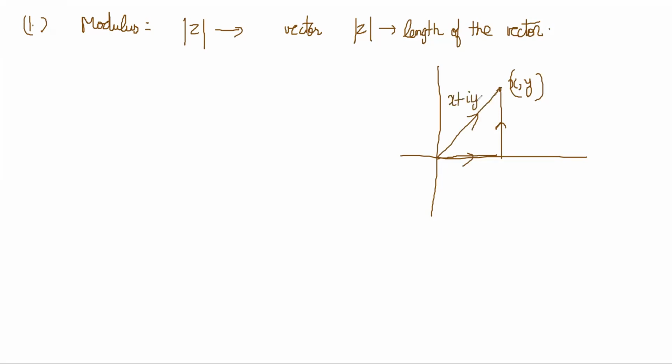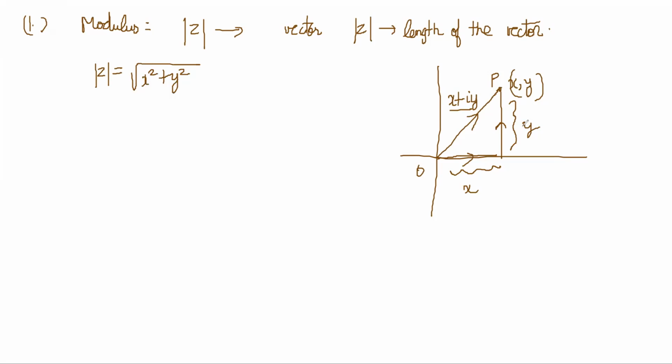So this is my complex number OP, which is a vector. The length, by Pythagoras theorem, is that mod z will be root over x square plus y square, because this part was the real part and this part was the imaginary part. That is my mod z, correct?